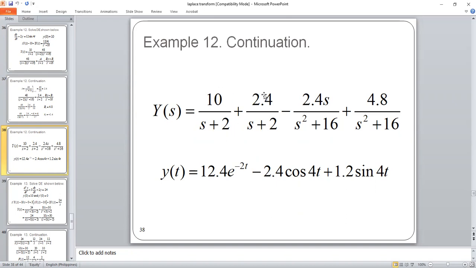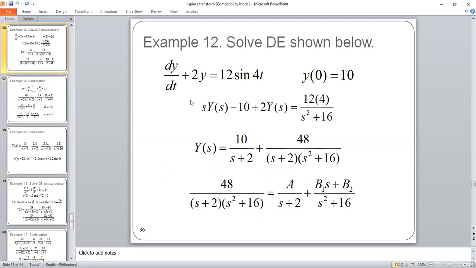So that would be 12.4. And the inverse of the s plus 2 in the denominator is just an exponential function, which is e raised to minus 2t. Okay? So this is already the solution of this particular differential equation using Laplace.